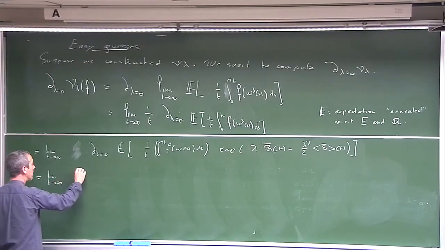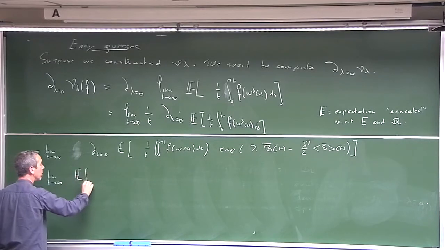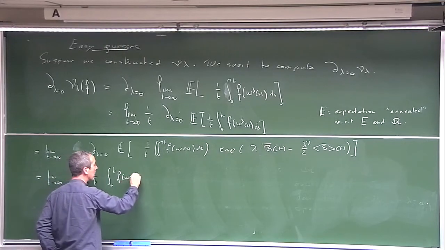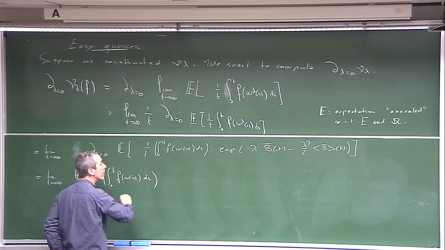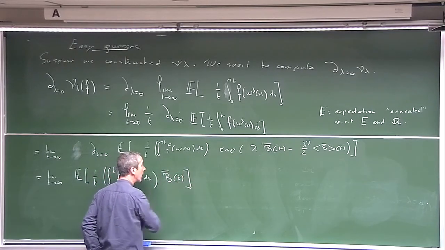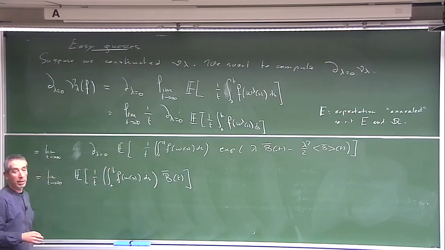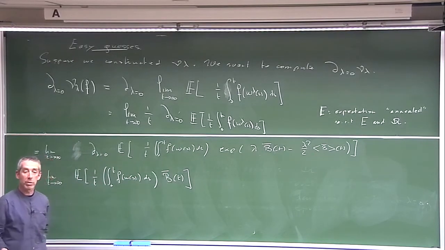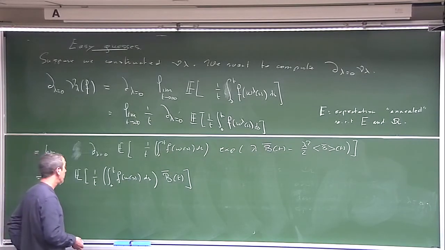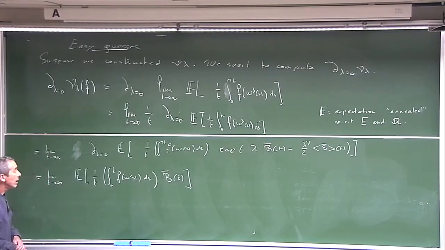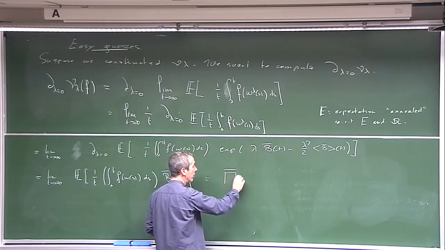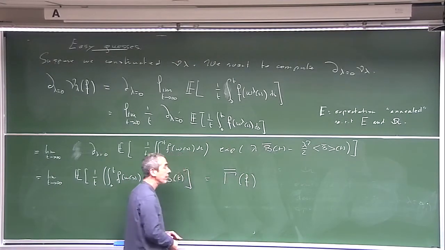Okay. So now it's clear what the derivative is. This is the expectation of 1 over t, integral from 0 to t of f of omega s ds, multiplied by the martingale b bar of t. And now we are very happy because this is something that we computed last time. This is a covariance, and last time we proved that indeed that limit exists, and we even gave a name to that limit. It was this correlation operator gamma bar of f.